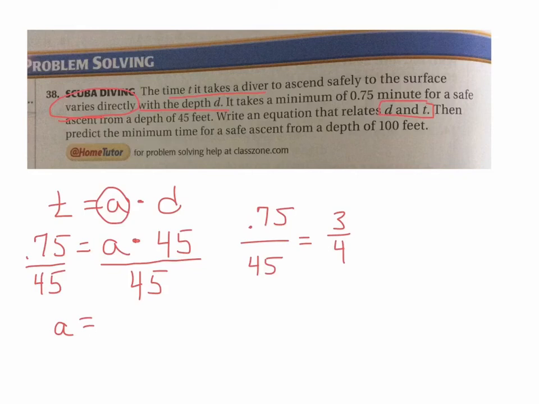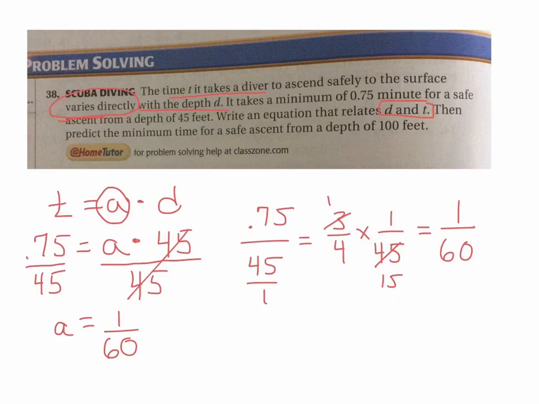So that's your keep, switch, flip, because that's like 45 over 1. And then 3 and 45 cross reduce. So what we get there, 4 times 15 is 60. So my a value, when I solved, was 1/60.